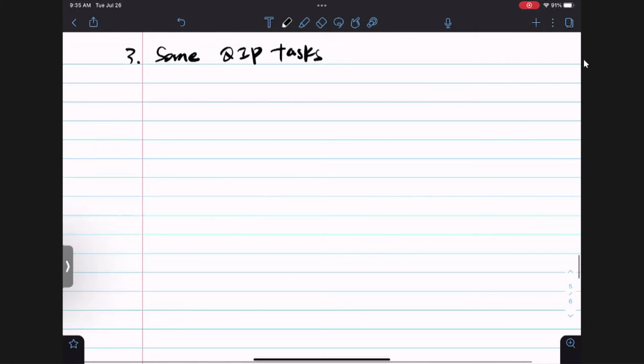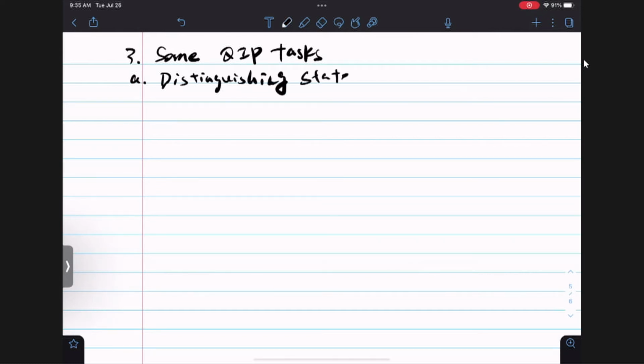So let's talk about some basic quantum information processing tasks. And when I say basic, they are basic. First of all, let's think about something you might hope to be able to do, such as distinguishing two states.